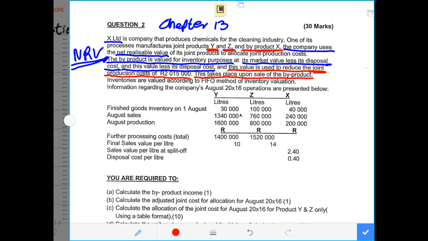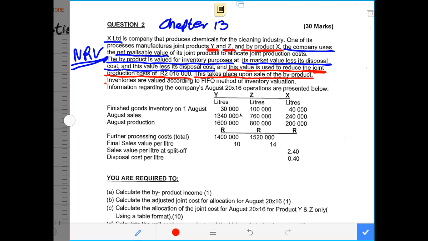So the number of units that we sell times the selling price per unit will give us the sales revenue of the byproduct. We take that and reduce the total joint cost of 2,015,000 rands, only for the byproduct that has been sold, not the ones that were manufactured.